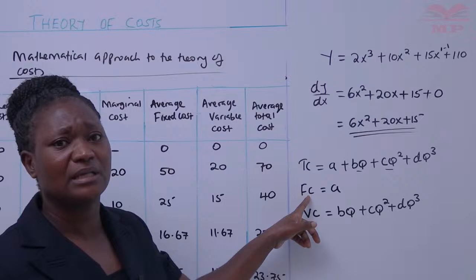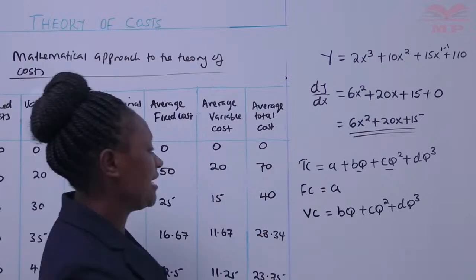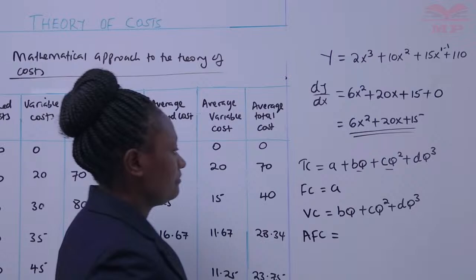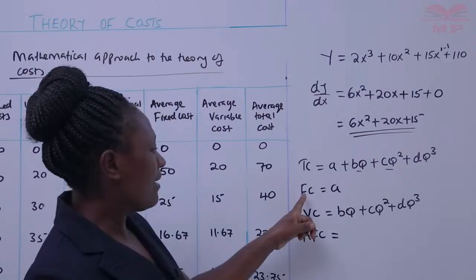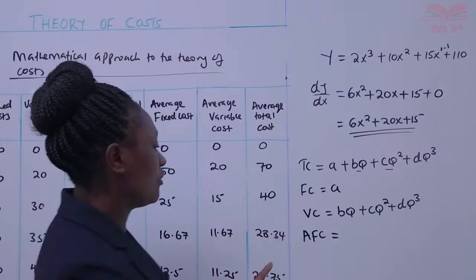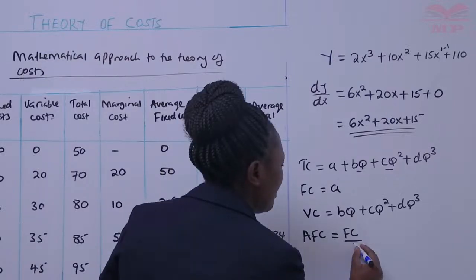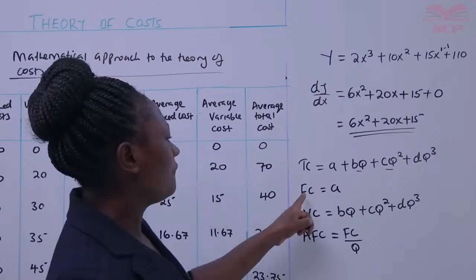How do we calculate it? Our fixed cost equals A, and average fixed cost equals fixed cost divided by Q.